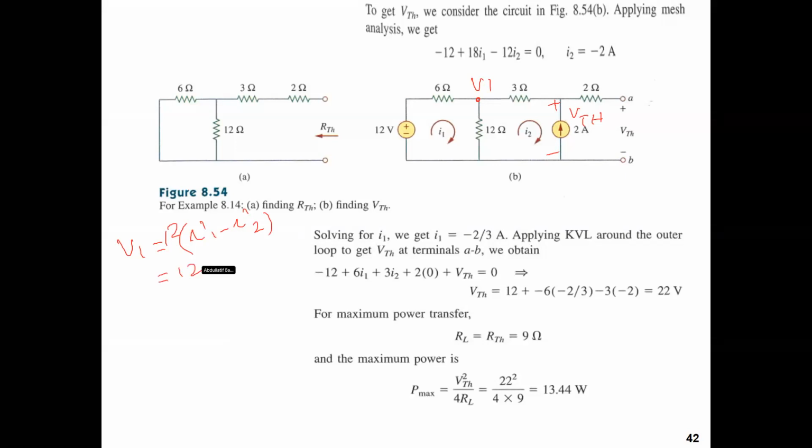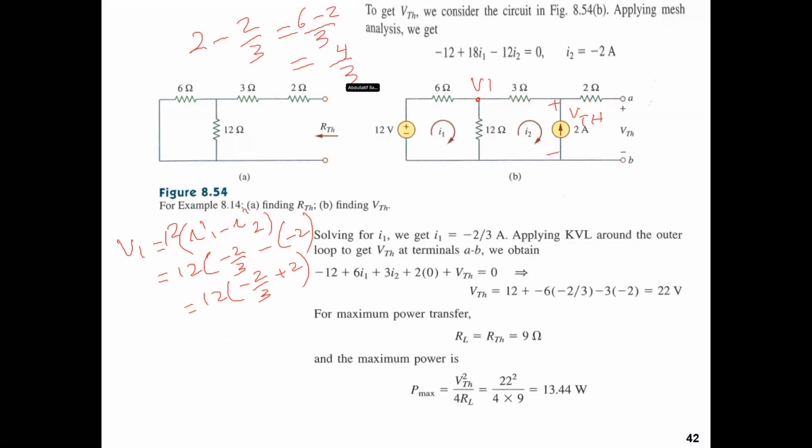So 12 times minus 3 over 2 minus I2, which is minus 2, so 12 times minus 3 over 2 plus 2. That will be minus 3 over 2 plus 2, which is 1 over 2. So it will be 12 multiplied by 4 over 3, which is 16 volts.